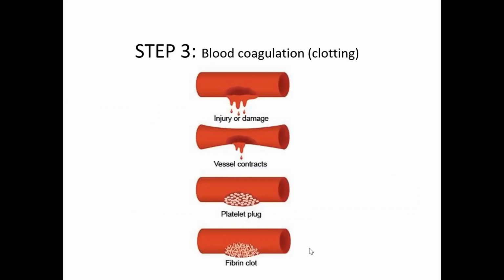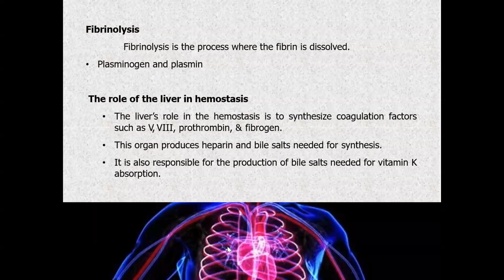So, once you have a platelet plug there, eventually our clotting factors will also be activated. Okay, you have a platelet plug there, but take note, it is not yet stable. So, of course, we need the clotting factors to form a stable clot. So, let's say all our factors are activated. You now have a fibrin clot. So, you have a stable clot here. Okay? So, does that mean it stays there forever? Of course not. Okay? So that's why we need fibrinolysis or the dissolution of the clot.